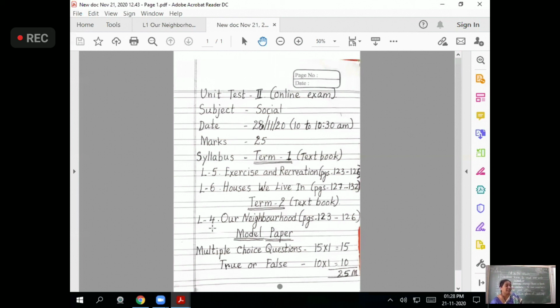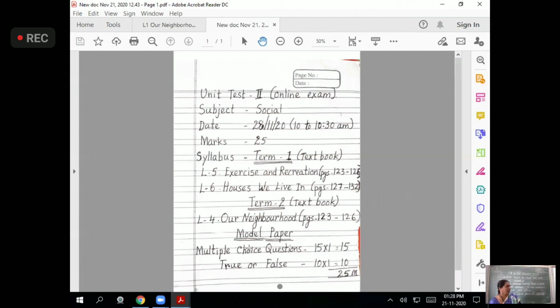In the textbook we are having lesson 4, our neighborhood, pages 123 to 126. Don't be confused with lesson 5 pages and lesson 4 pages here. You find the same, but this is term 1 and this is term 2.